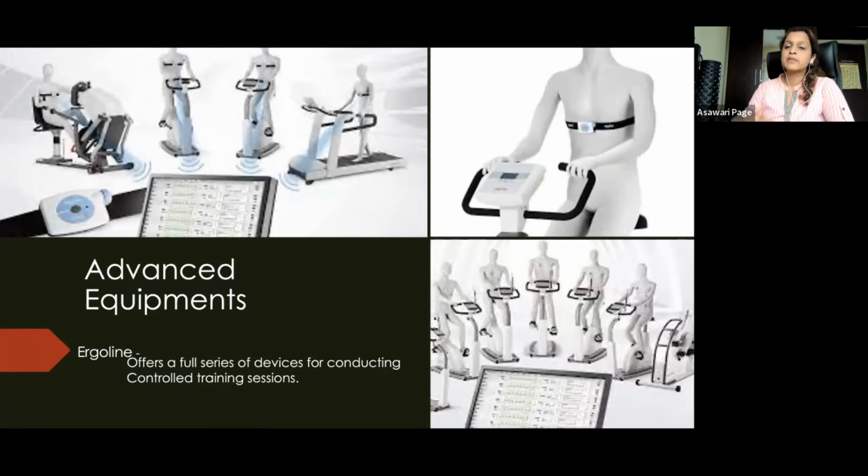You get a telemeter which is wrapped on a chest belt, and it is connected to the ergometer and a central screen where you can not only see the ECGs and the vitals, but it is a software controlled mechanism where you can actually control the ergometer speed. If you put in, for example, a heart rate control mode in the software, then you can put in a target heart rate.